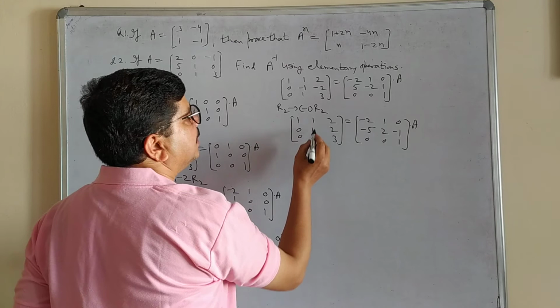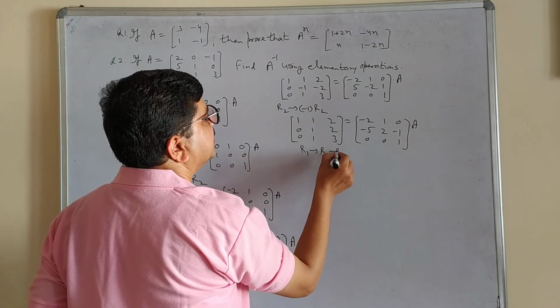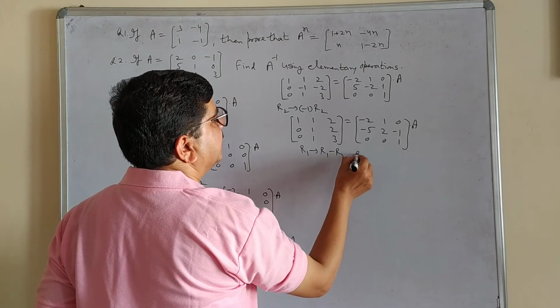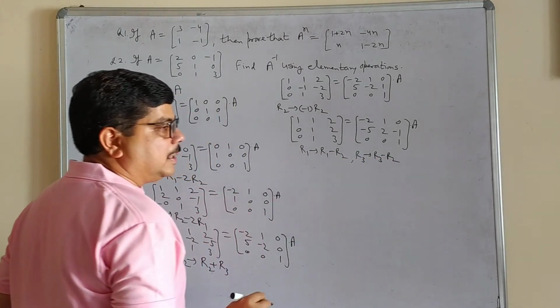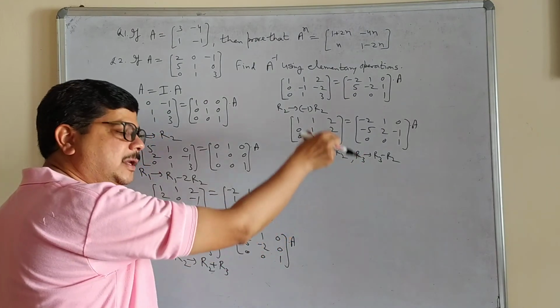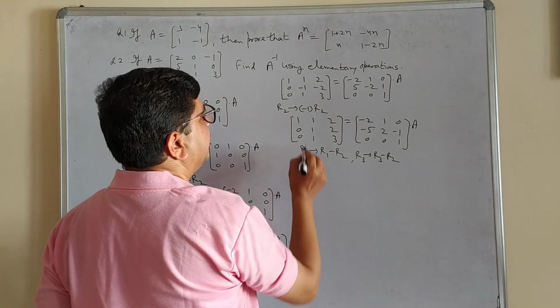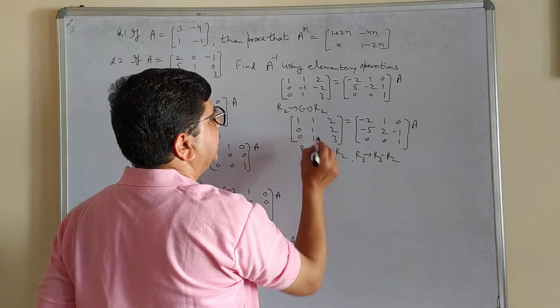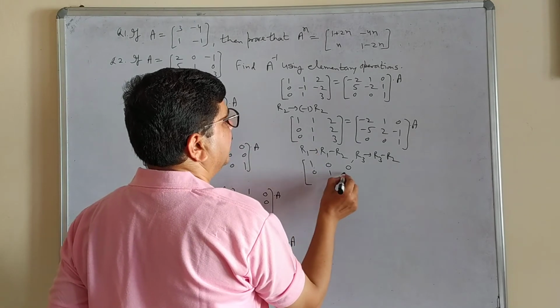अब इन दोनों को जब जीरो करेंगे then we can write R1 as R1 minus R2 and R3 as R3 minus R2. ये दो ऑपरेशन एक साथ ले रहा हूं, otherwise you will take single operation only. देखिए 1 minus 0, 1 minus 1, 2 minus 2 and this 0 1 2.